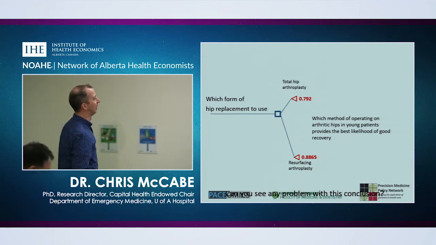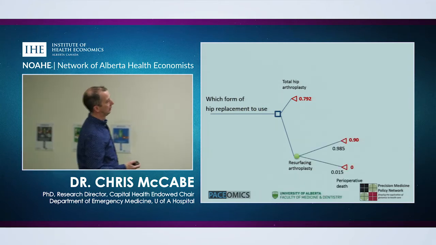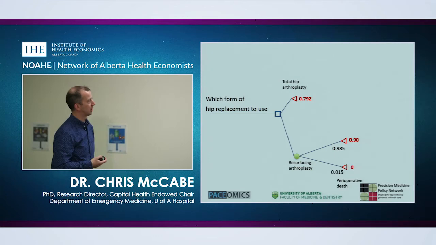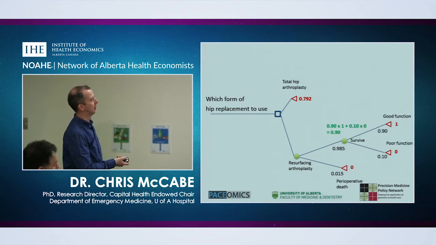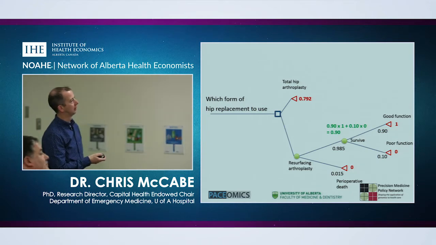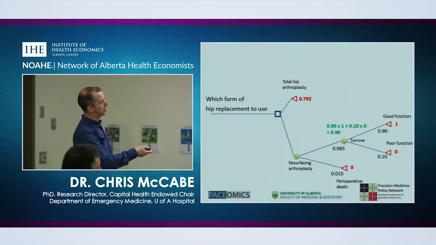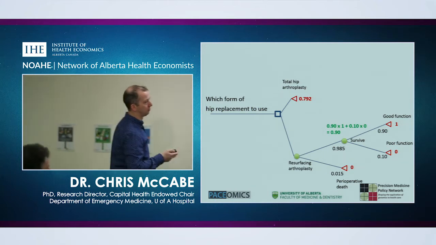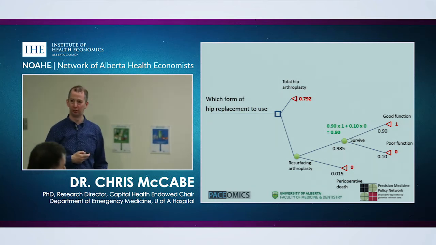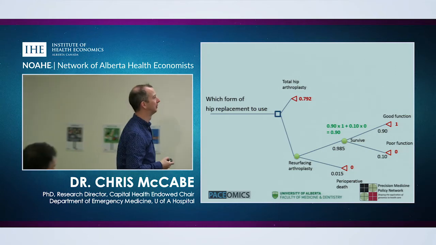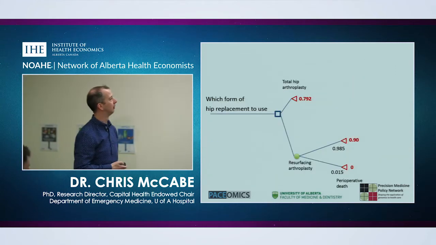But the expected value is better on the resurfacing arthroplasty. And can we go back and see why we think that is? It's because if you do survive, you haven't got such a risk of a poor outcome. Okay, so that's what's driving that. Go forward.